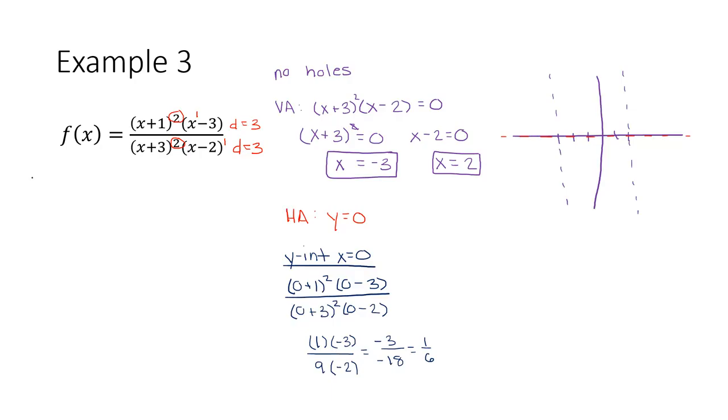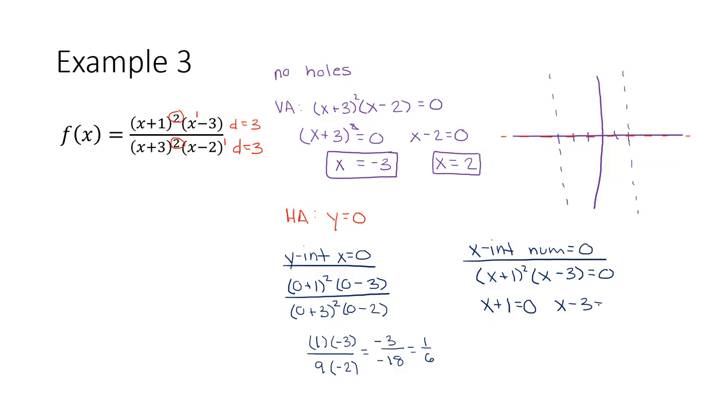Okay. Then to find our x-intercept, we set just the numerator again equal to 0. So that's x plus 1 squared times x minus 3 equals 0. If x plus 1 squared equals 0, that's just x plus 1 equals 0.